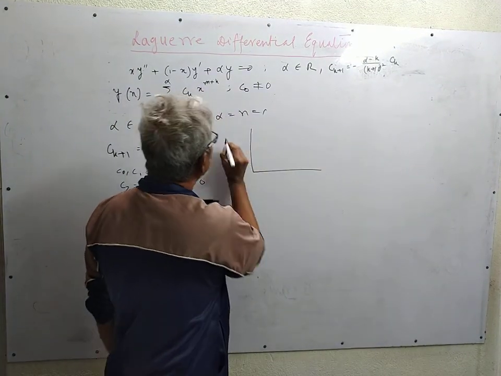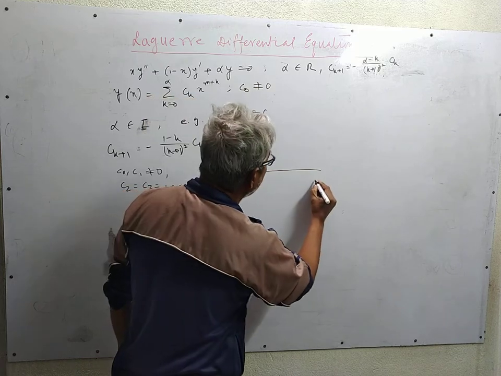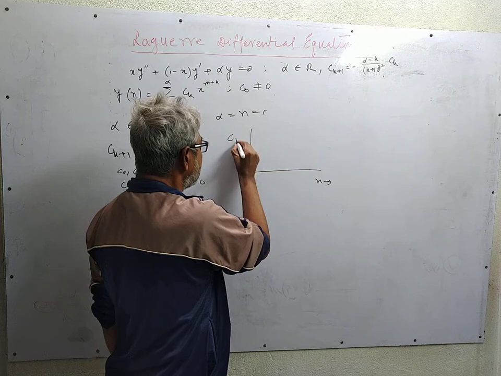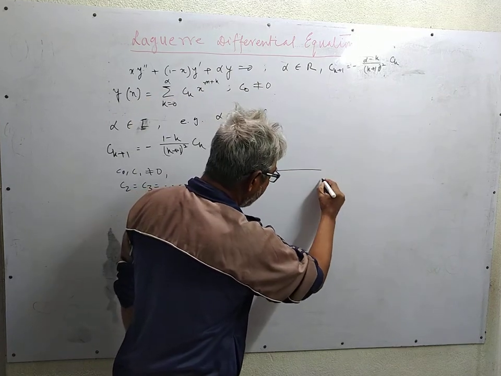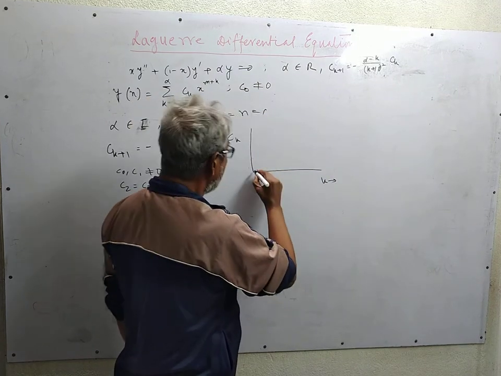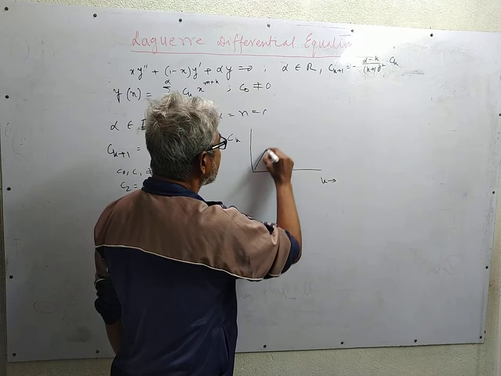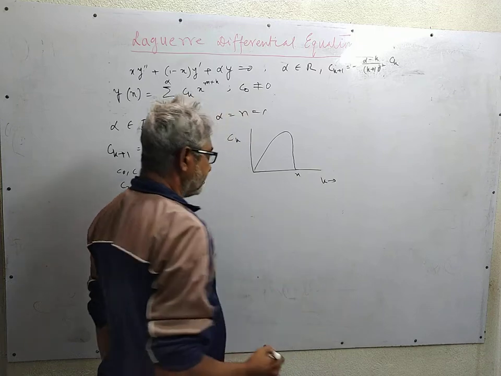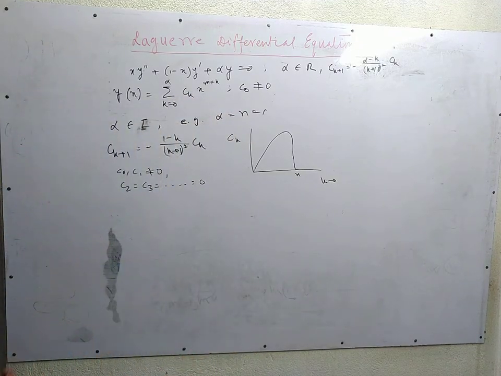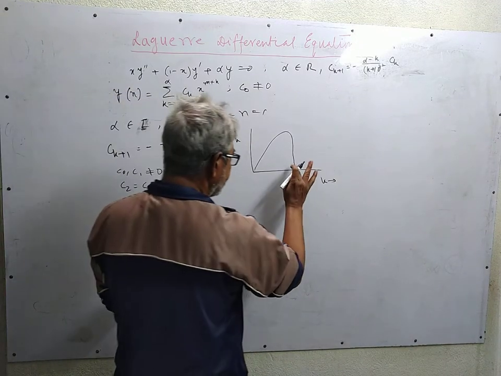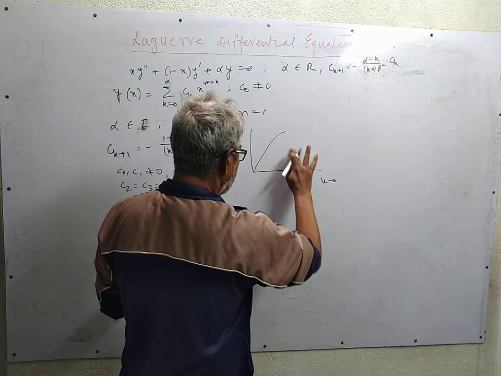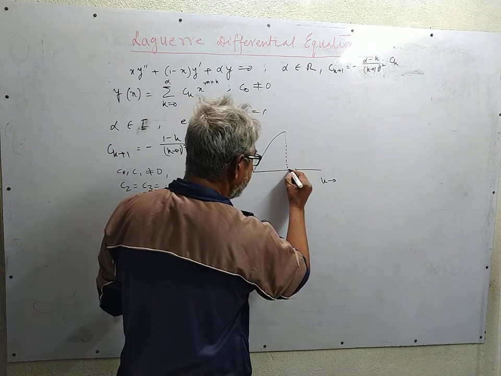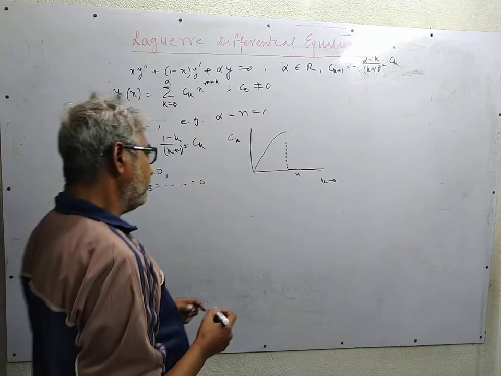If we plot Ck against k, with n being the value where it stops, and we choose alpha equal to n, then after a certain term onwards it will be 0 right to infinity.